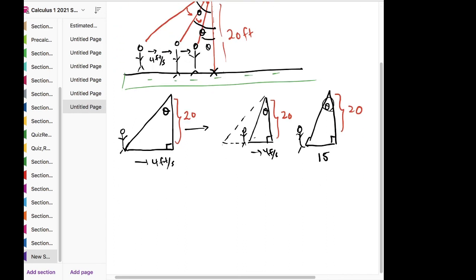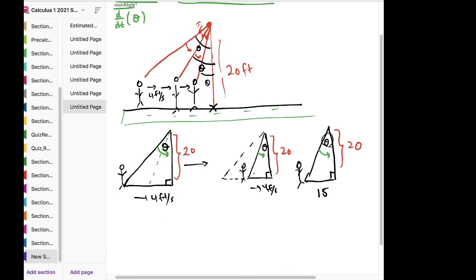But what is changing? This angle is changing. Okay, so big question. Do we know a formula? Oh, what else is changing? The angle is changing, and what else? One other thing is changing here. Yes, the x component, right? This value is changing.